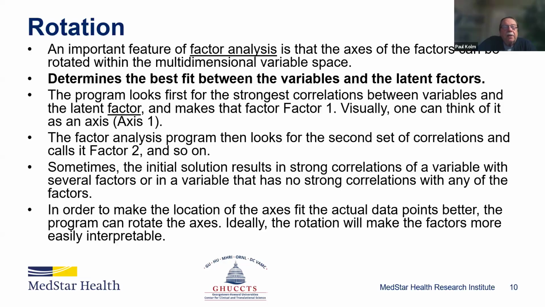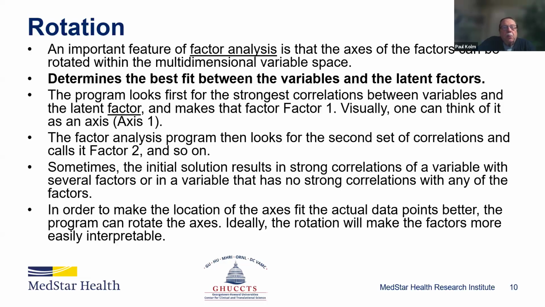Sometimes you'll get an unrotated solution that has strong correlations of a variable with several factors. In other words, maybe a variable is going to load on more than one factor. Or you might find that no variable loads on a factor, or a particular variable doesn't load on any factor.